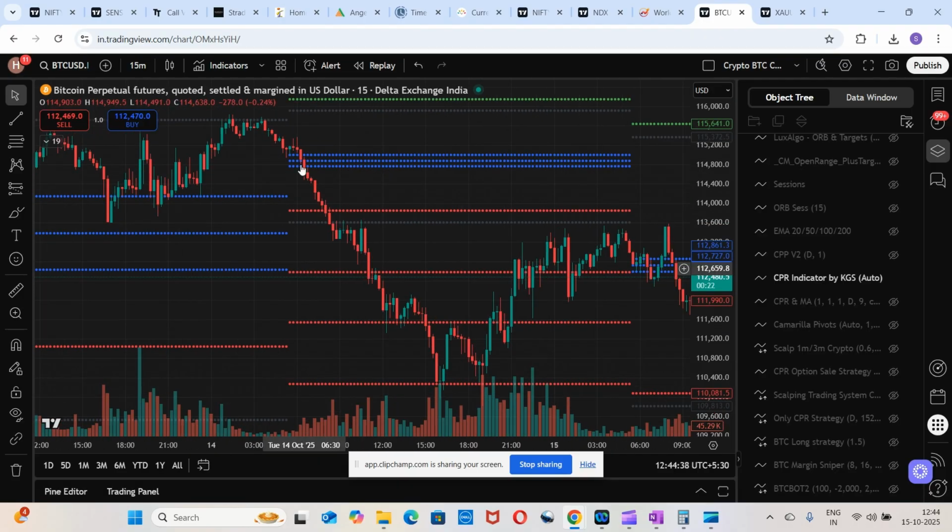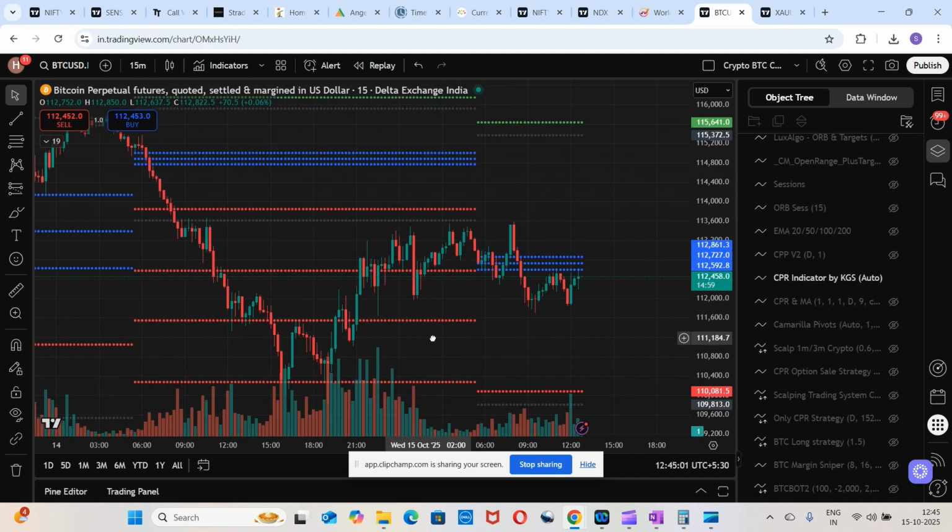Once it breaks the CPR range in that direction, we can take a trade, and we can exit certain lots at these support lines, and we can expect reversals also based on the fib levels or the trend lines breaking, and take the reversal trades also.